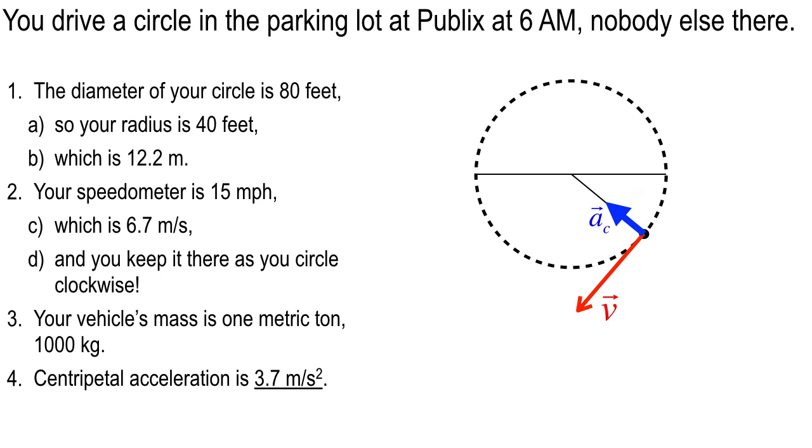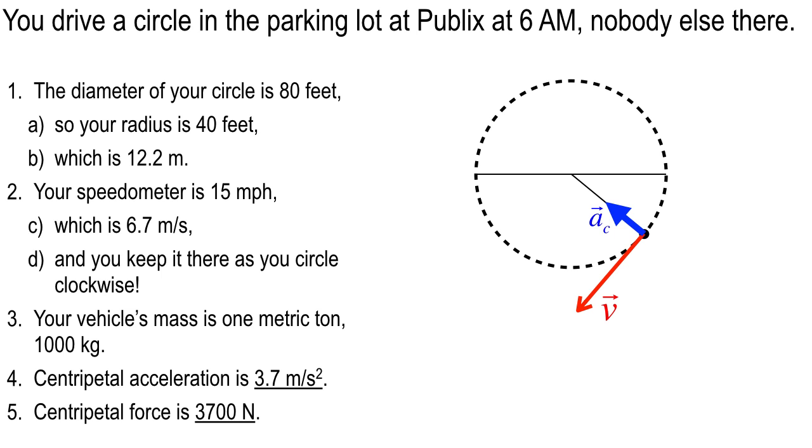All right, so there's centripetal acceleration. So draw in a centripetal acceleration vector toward the center with its tail at the location of your vehicle, which in my diagram is in the southeast quadrant, but you could have yours in any quadrant you want. And that is the centripetal acceleration.